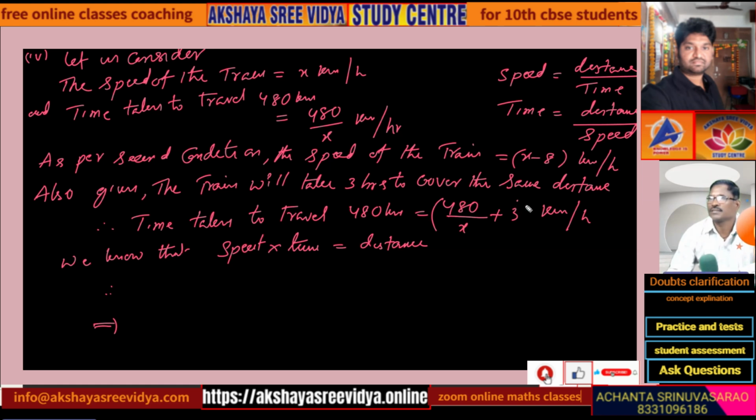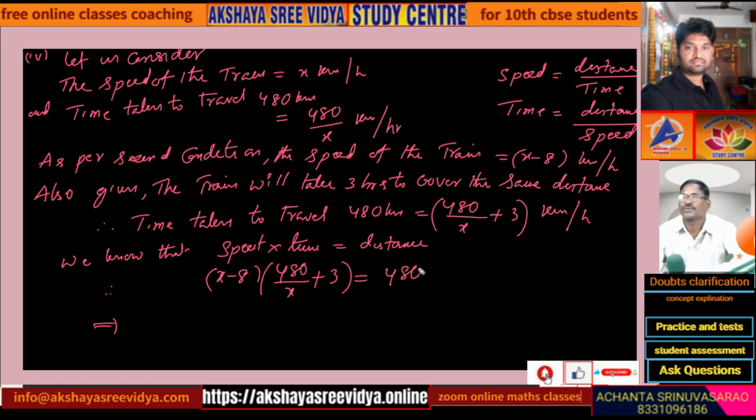480 by x plus 3. Here, what is that? 3 is equal to x minus 8 into 480 by x plus 3 is equal to 480.